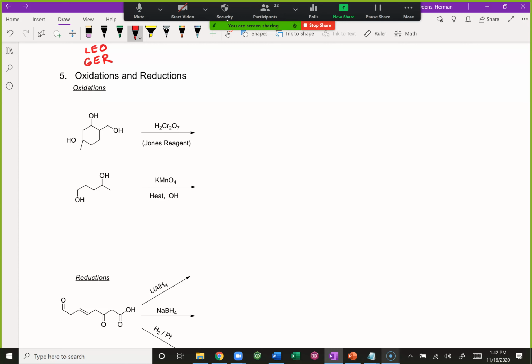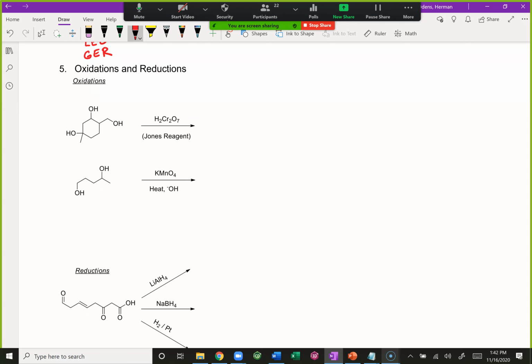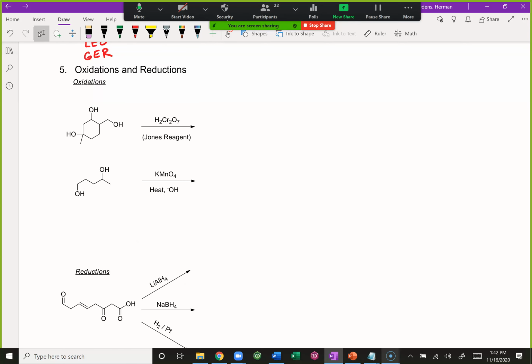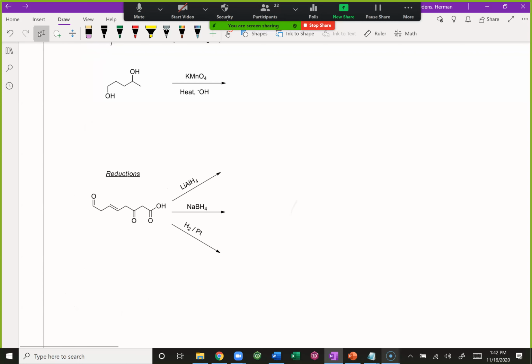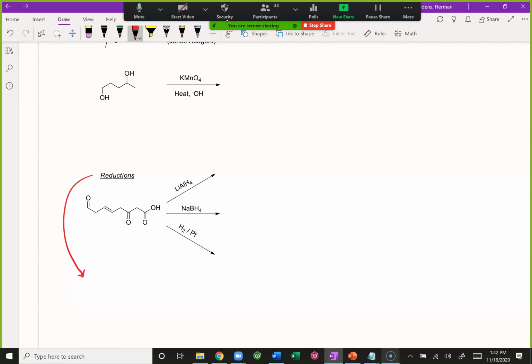So losing electrons gets oxidized, gaining electrons gets reduced, right? All right. So for reductions, you gain electrons or you gain hydrogens. In organic chemistry, that's how you got to see it. Here, let's write that down.